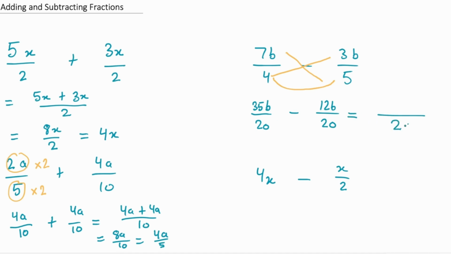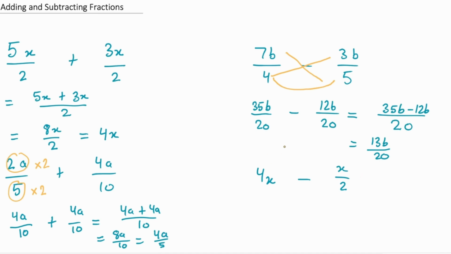So all over 20, it would be 35b minus 12b. Let's simplify that numerator now. We get 13b over 20. And then let's ask ourselves, can this be simplified further? In this case, no, it cannot. This is the simplest form, and as such, we leave it as is.